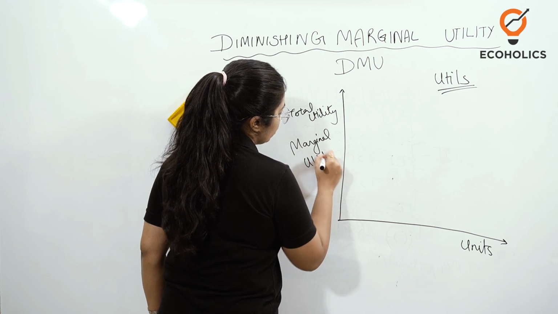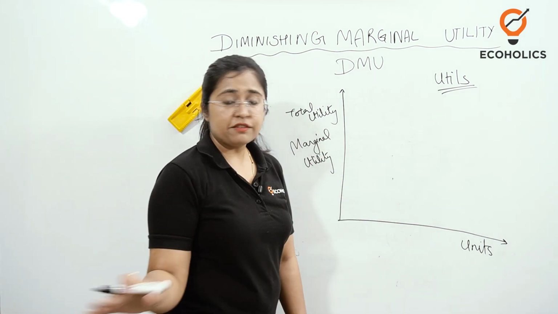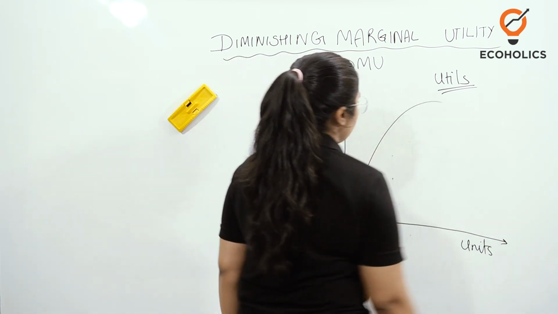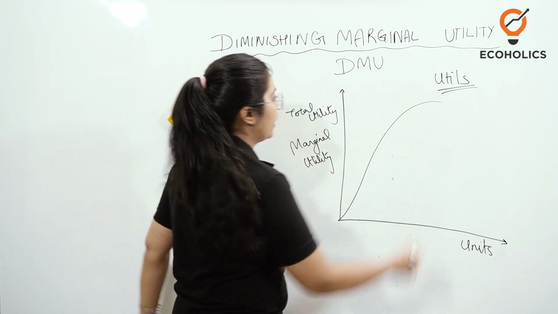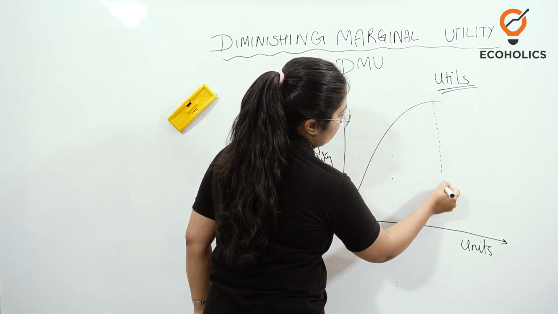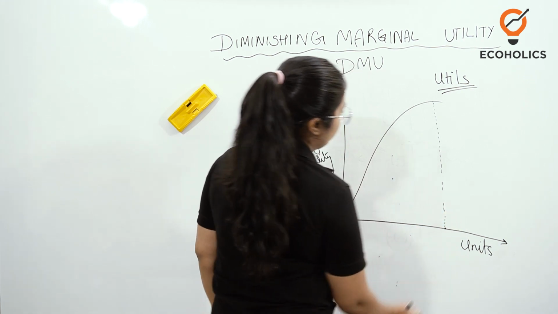So both of them are showcased on the y-axis, right? Now total utility, of course, increases and then reaches a maximum point. So we highlight that maximum point, and we also mark a point over here.